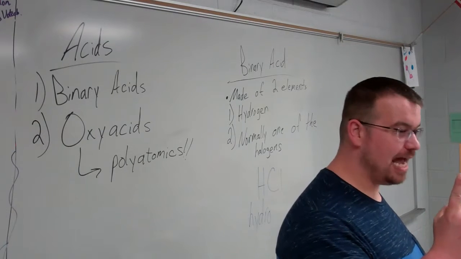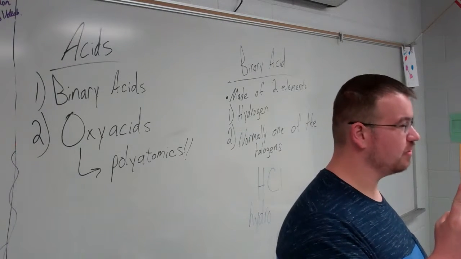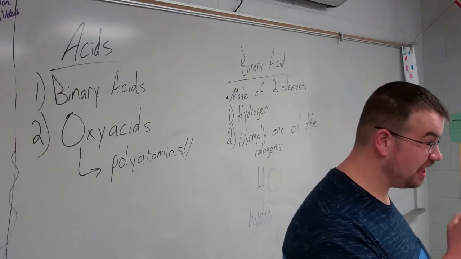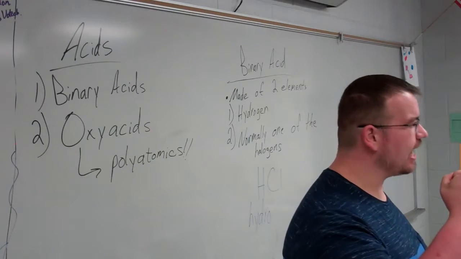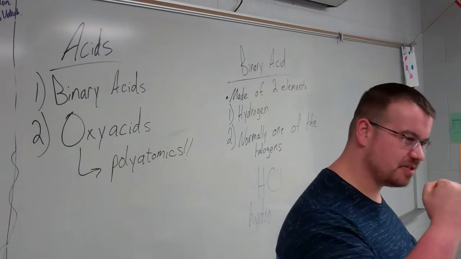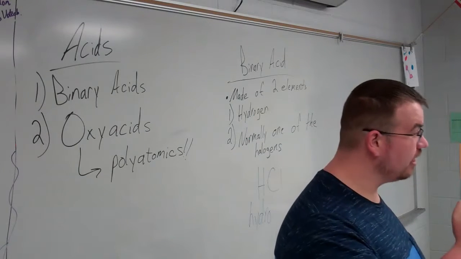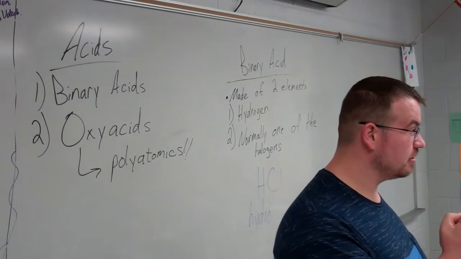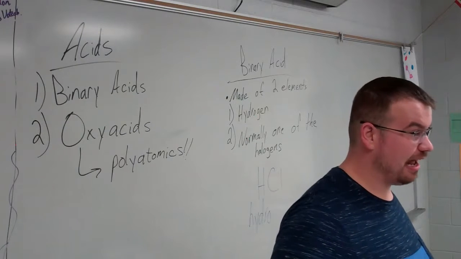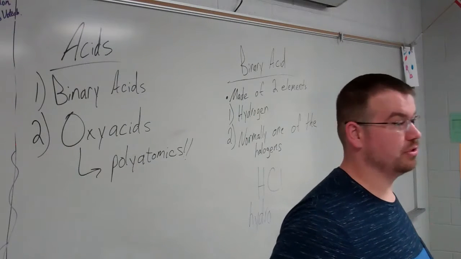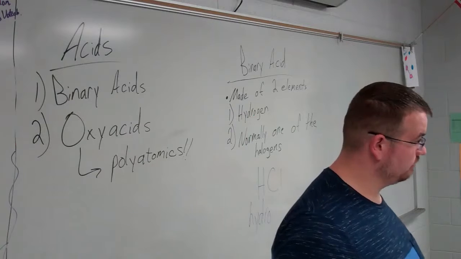If chlorine takes one of hydrogen's electrons, how many electrons does hydrogen have left? 0. Now how many protons does hydrogen have? 1. There's no electrons, so you're practically looking at a proton. That's why we call it a proton donator.